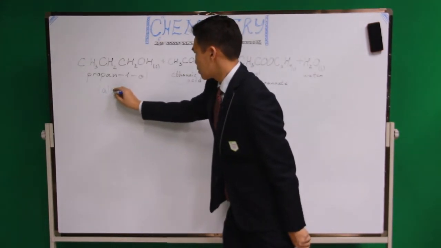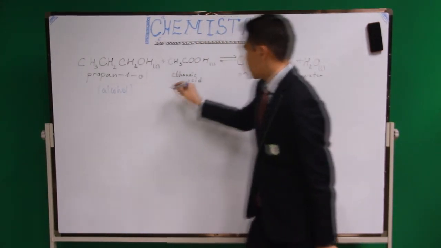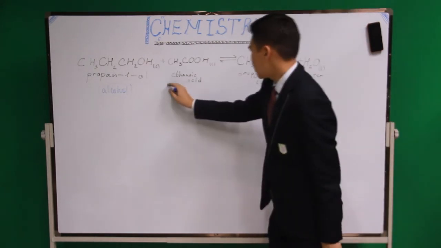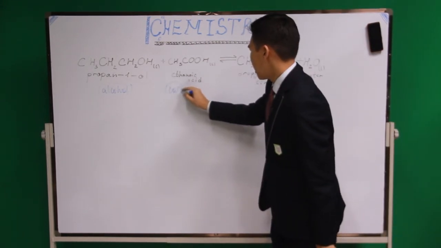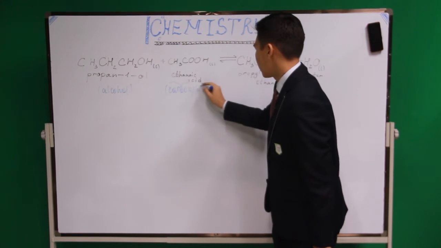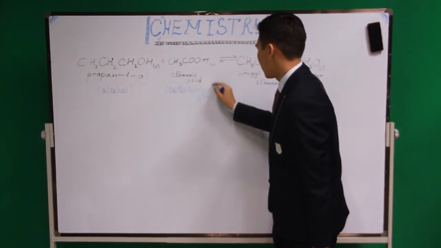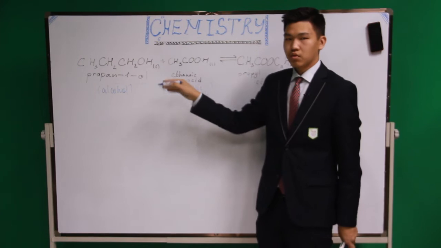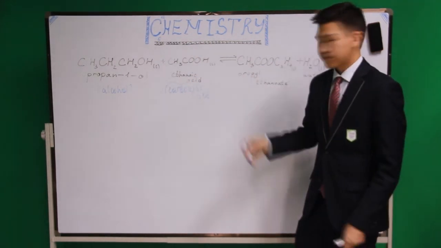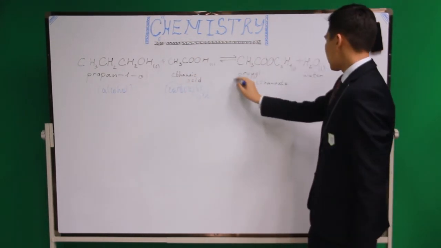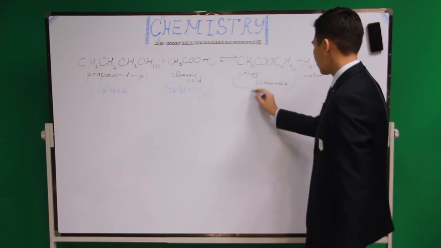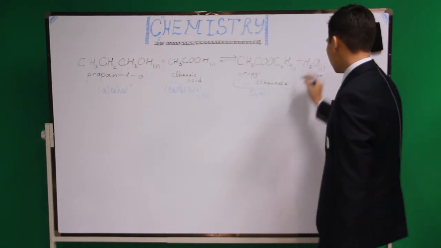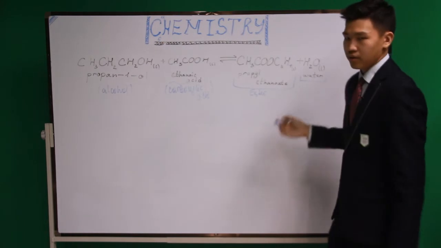The name of this reactant is alcohol, and ethanoic acid is a carboxylic acid. We'll talk about these organic compounds later. The product is called an ester, and it's simple to know that the other product is water.